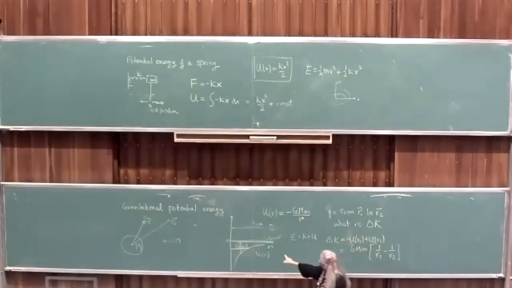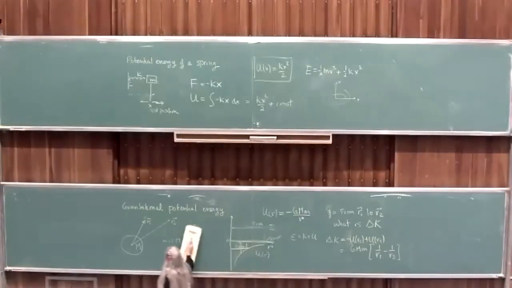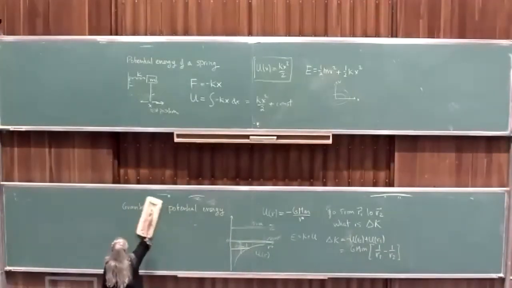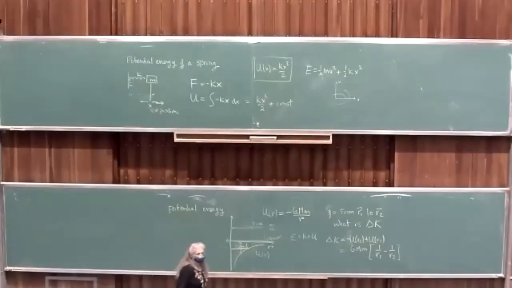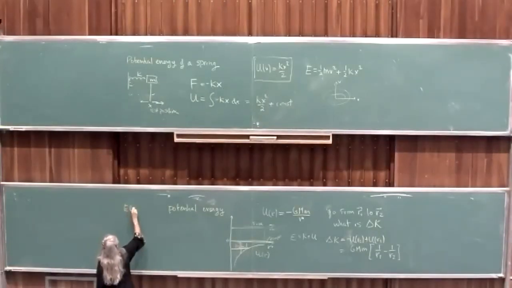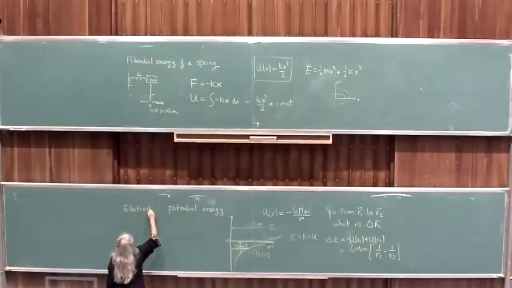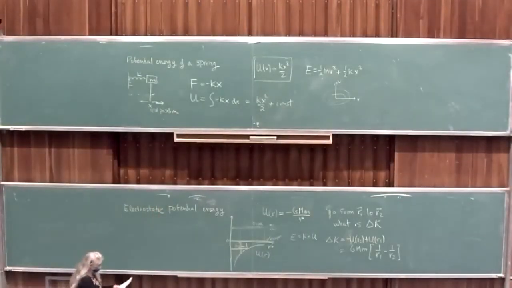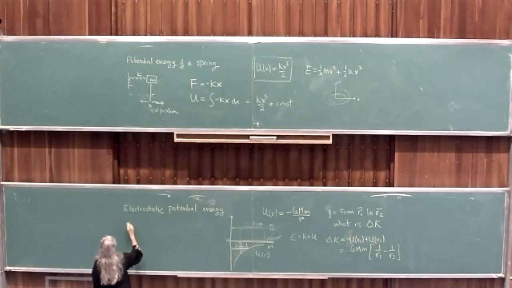So this is what the gravitational attraction looks like, and that's gravity. So it's pretty straightforward to now go to electrostatic potential energy. First again, we can start with the force.